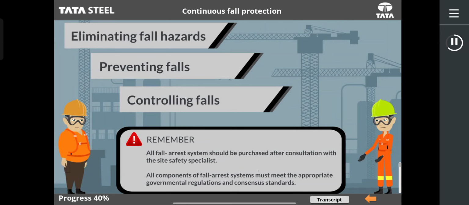Also, all components of fall arrest systems must meet the appropriate governmental regulations and consensus standards. That means that fall protection is actually a three-step approach. Yes, every site must take a three-step systematic approach to protecting people from falls. Let us now look at each of the steps in greater detail.